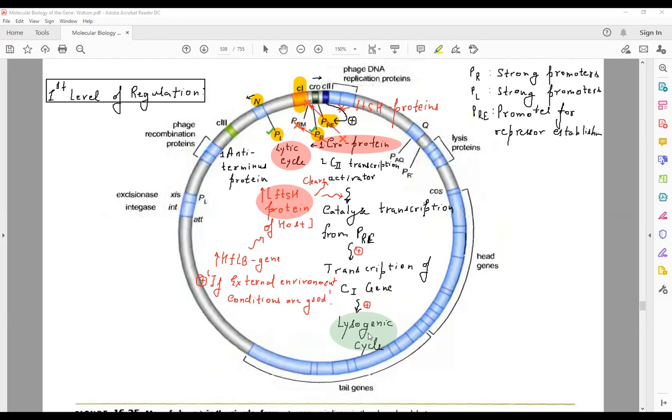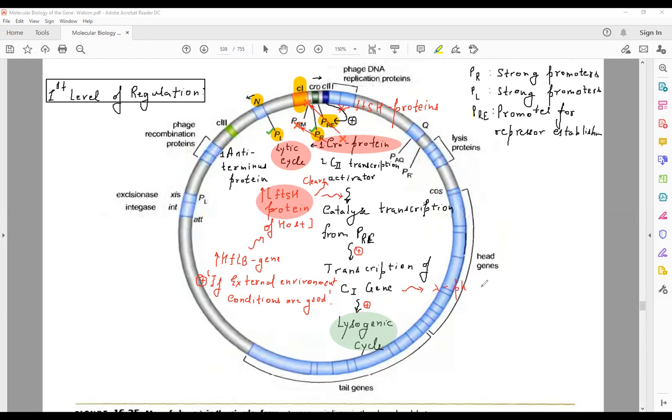In the case the lambda repressor wins, in the case the CI gene wins, it will turn off PR and PL. See, if the CI gene is being transcribed, then what will happen? CI gene transcription will lead to the production of lambda repressor.